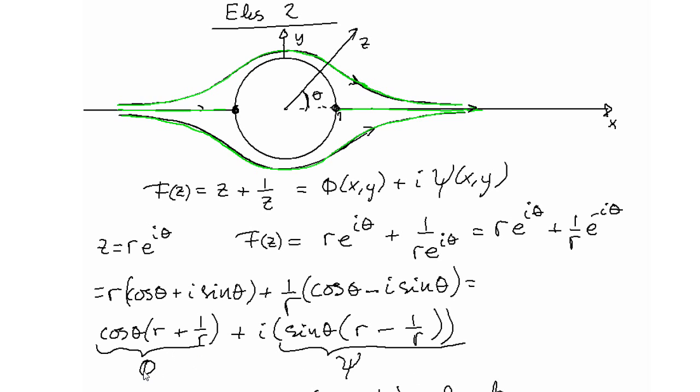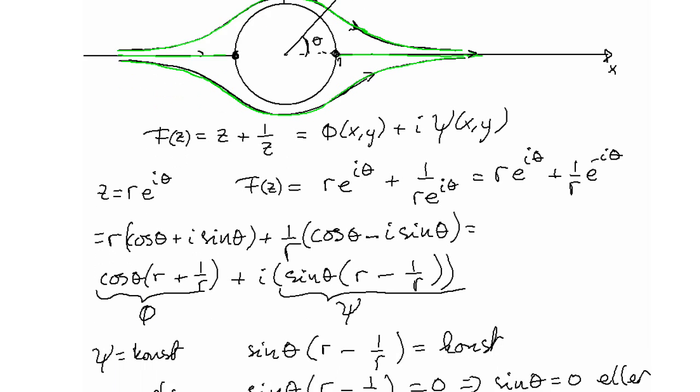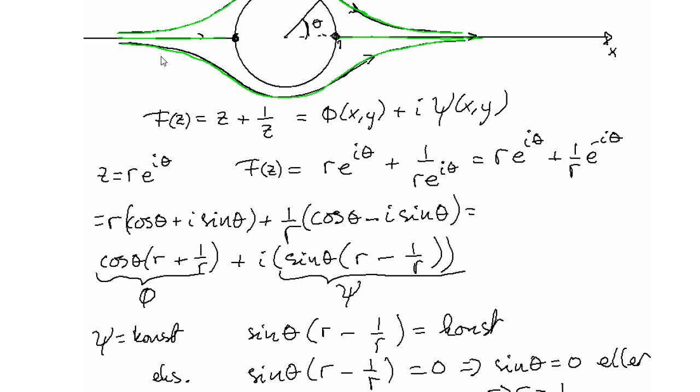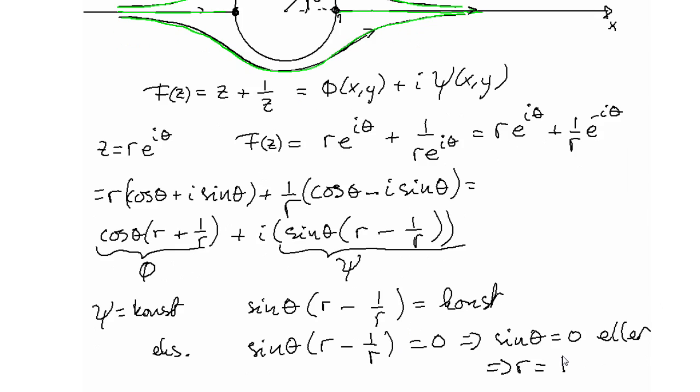So this is the real part, which is the potential we are going to use in the description of this fluid flow, and also this imaginary part, which is essential for finding the streamlines. So the streamlines are found when this imaginary part is equal to some constant.